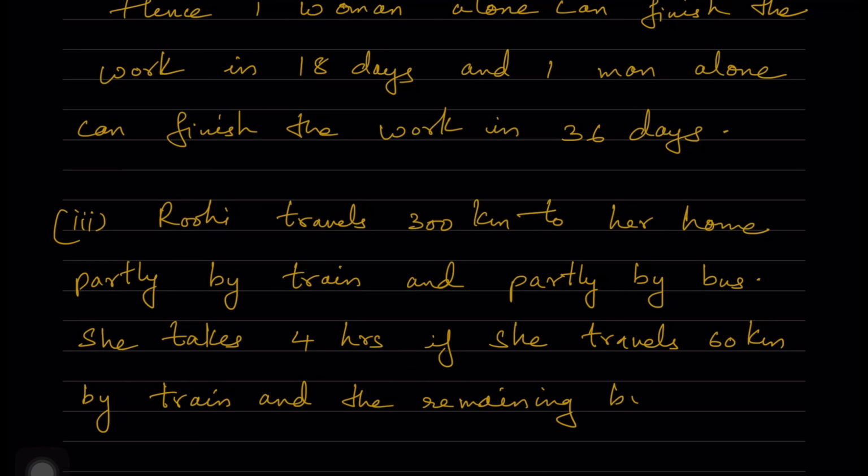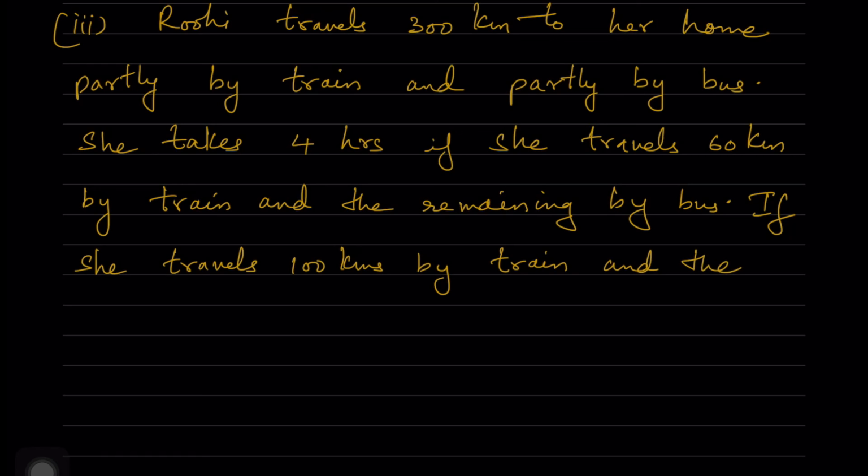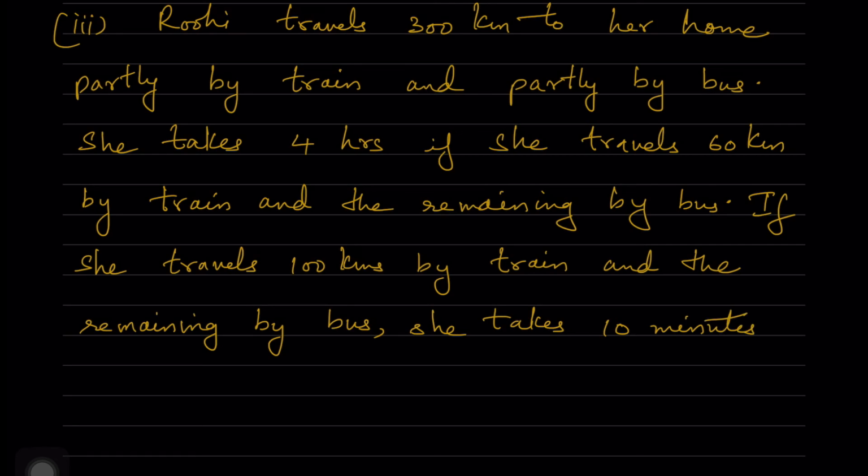If she travels 100 kilometers by train and the remaining by bus, she takes 10 minutes longer. Find the speed of the train and the bus separately.